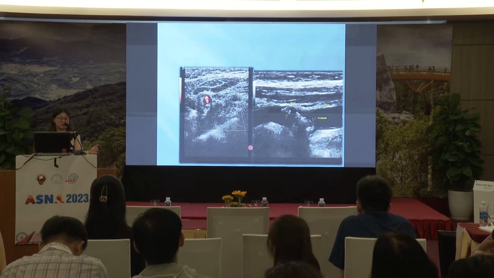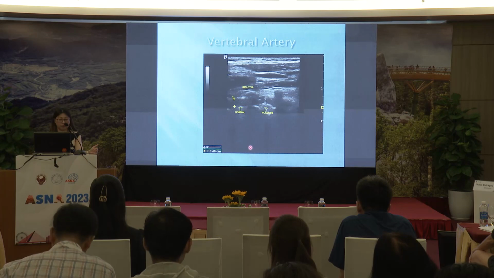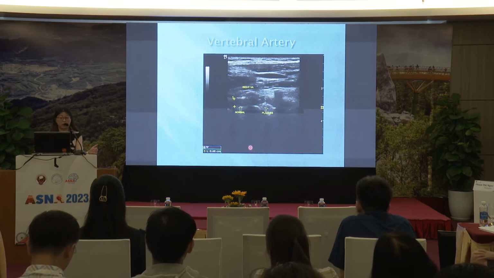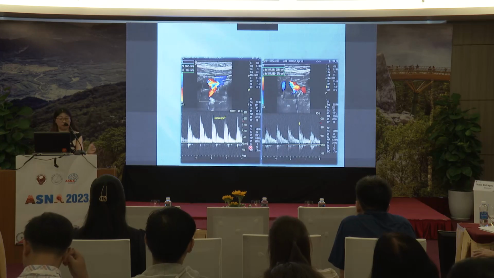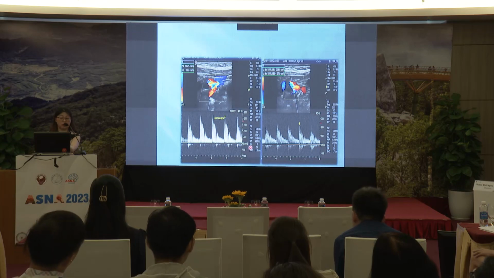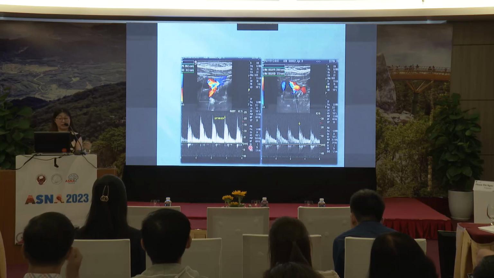So that's why the patient still looks normal. And in the vertebral artery, there is also a plaque in this patient. And from the carotid ultrasound, you see a very high flow velocity around 206 of the ECA, and the bulb also around 239.